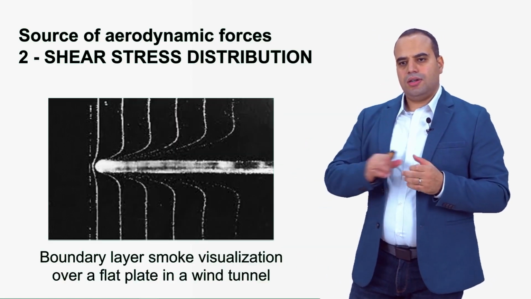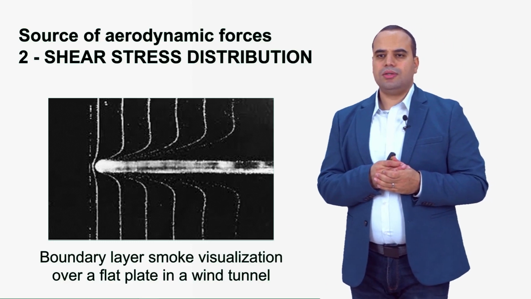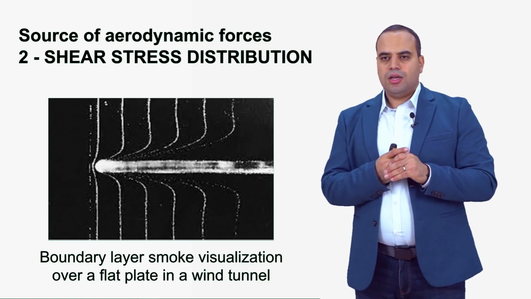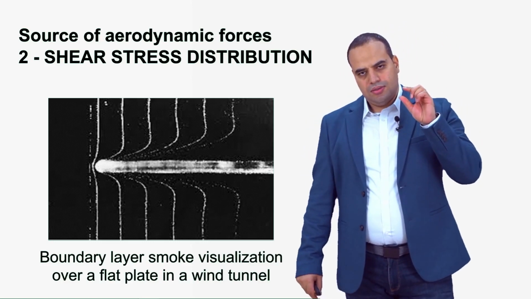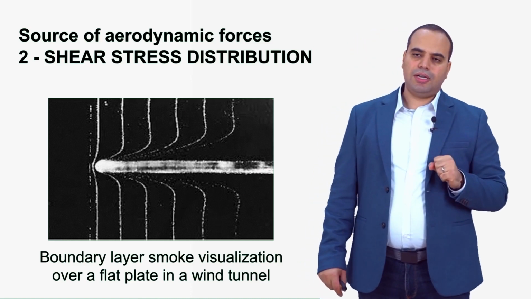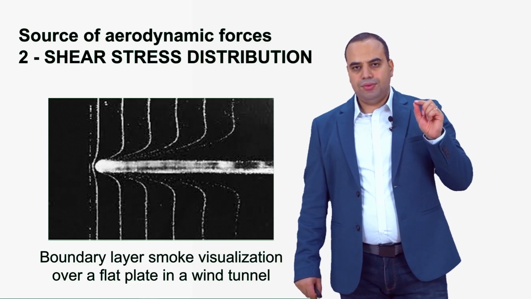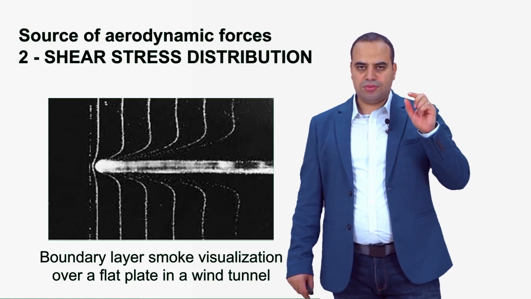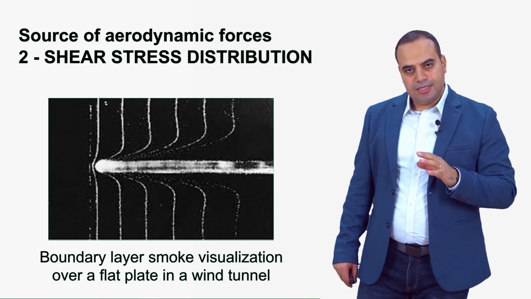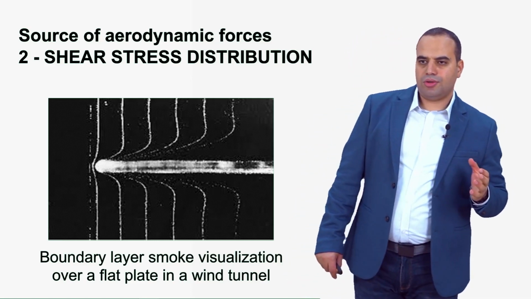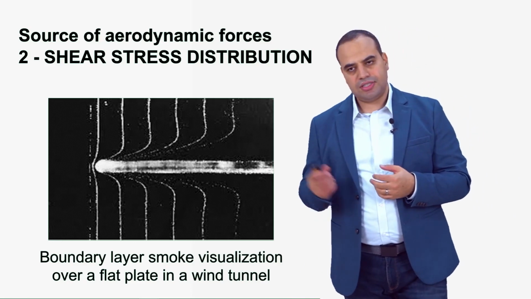And this is a real experiment in wind tunnel visualization. Again, this is a very small layer on the flat plate itself, so it can be only a few tens of millimeters, right? So it's only 0.1 millimeter or even smaller than that, like 0.01, depending on the speed and on the size of the object itself.